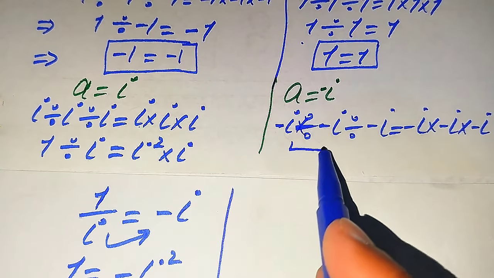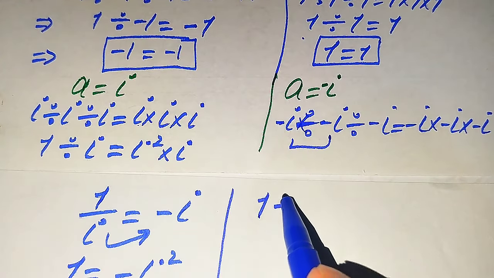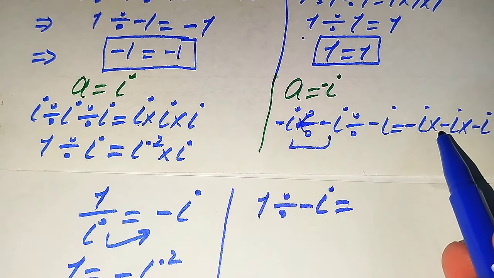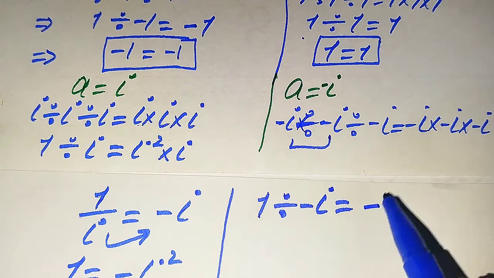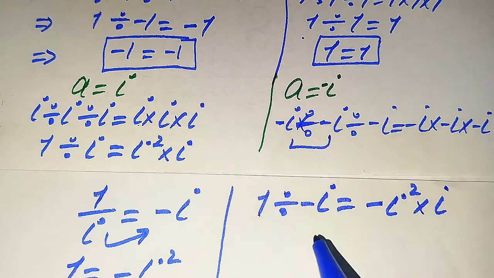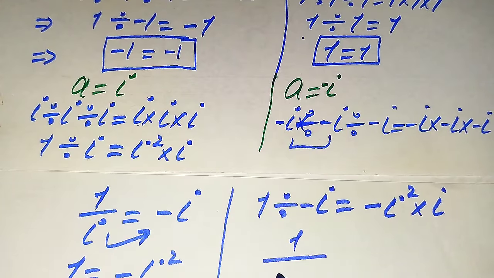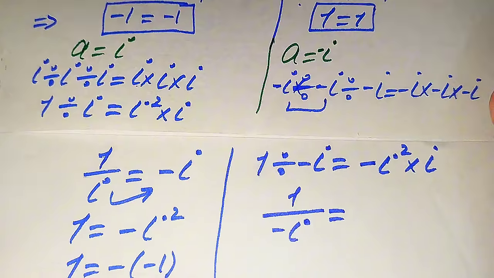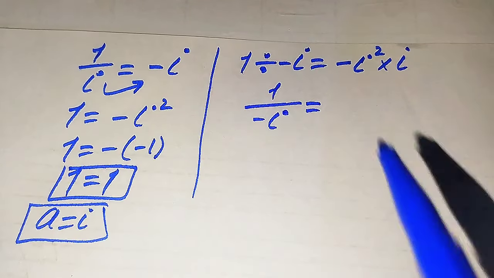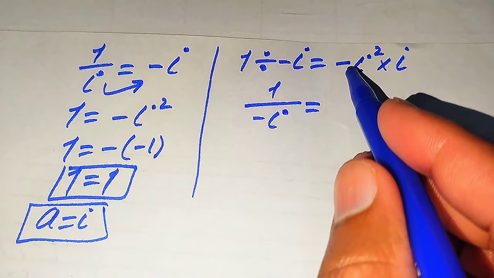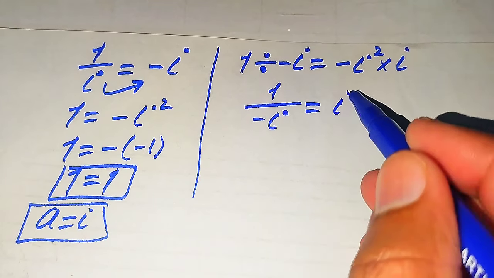When we divide these two same values, we get 1 divided by minus iota, and when we multiply, minus times minus becomes plus, plus times minus becomes minus, and iota multiplied by iota becomes iota square, multiplied by iota. So here we have 1 divided by minus iota, and on this side we know that iota square equals minus 1, and minus times minus becomes plus 1, and 1 times iota becomes iota.